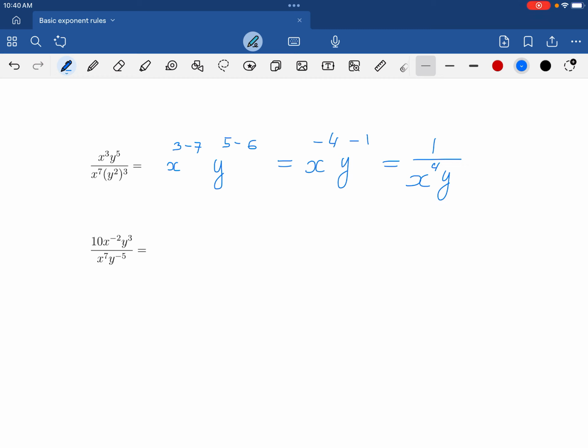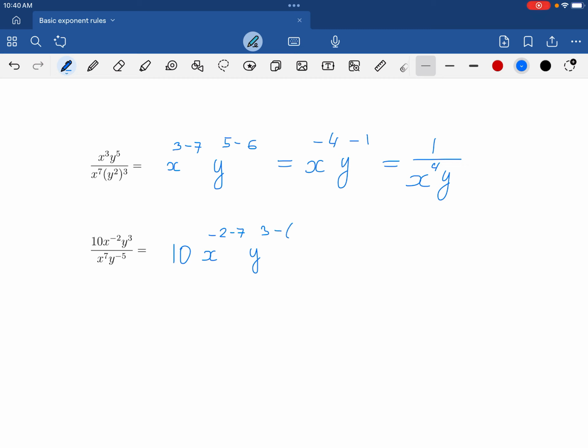So a similar example, the next one is, again, what we can see, 10. Okay, 10 is a constant. And so we are taking x, negative 2 minus 7, because x to the seventh is at the bottom. Y will be raised to the 3 minus 5.